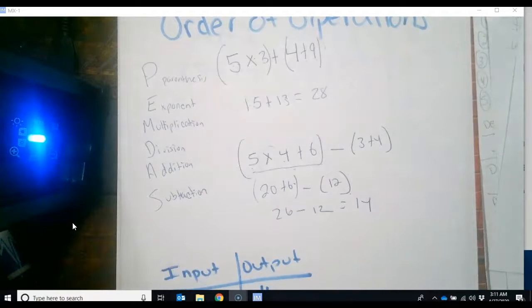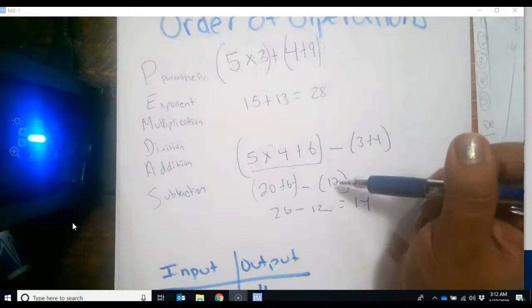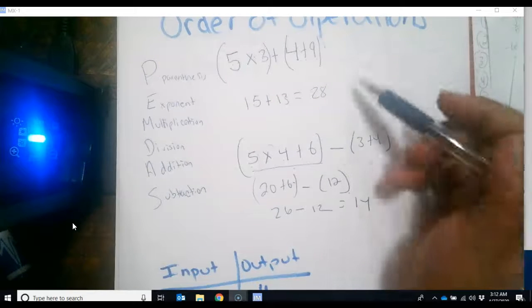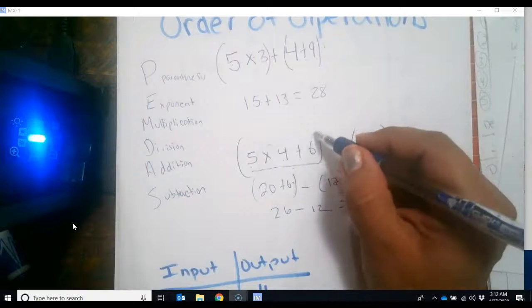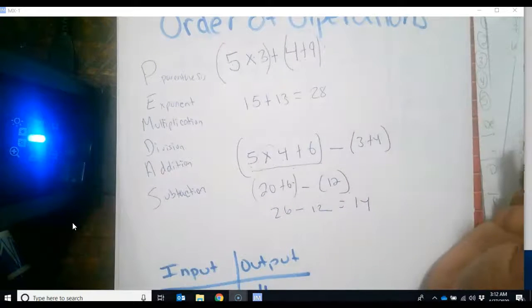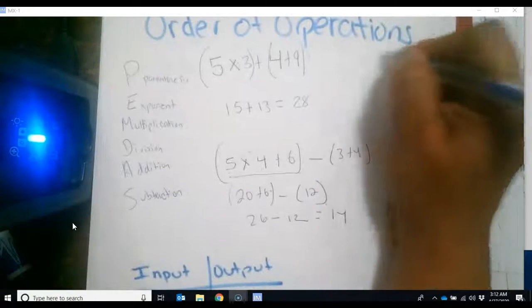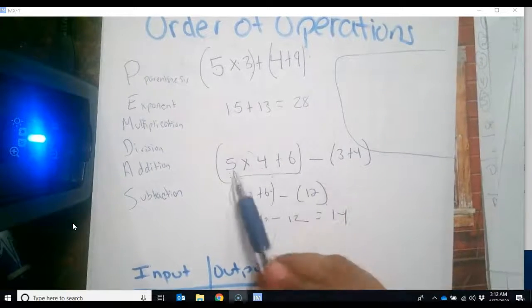Now let me just point out that how you put your parentheses makes a huge difference. What would happen if instead I put parentheses here? Would it make a difference? It would. Let me solve it over here with the parentheses in a different place.